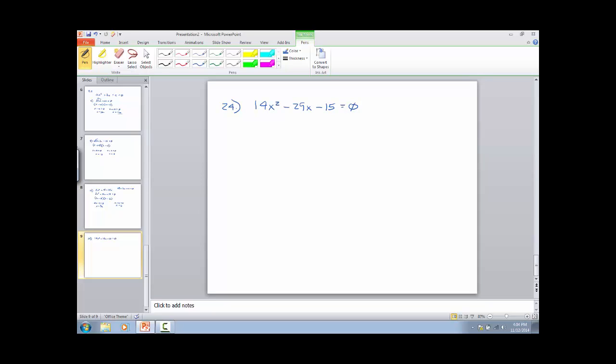Okay, so now we've got factors of 14, which would be 7 and 2, and 14 and 1. I can't think of any other ones. Let's see, 15 would be 3 and 5, 15 and 1. I guess that's really kind of it.